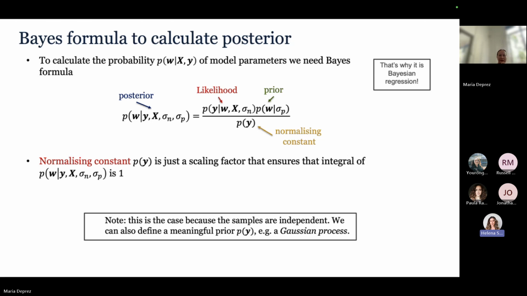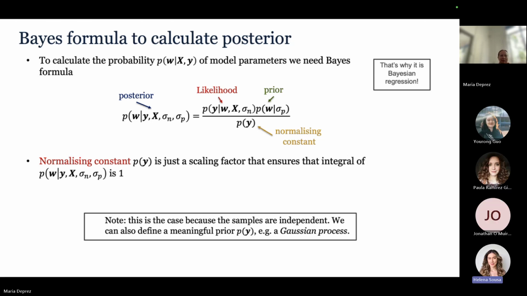All right, so because we are in the Bayesian framework, rather than doing some loss, we will use Bayes formula to work out the solution. It looks a bit complicated because you have lots of different things here. The likelihood of y is the observed data based on the parameters of the model: what is the probability of observing the data given the model.